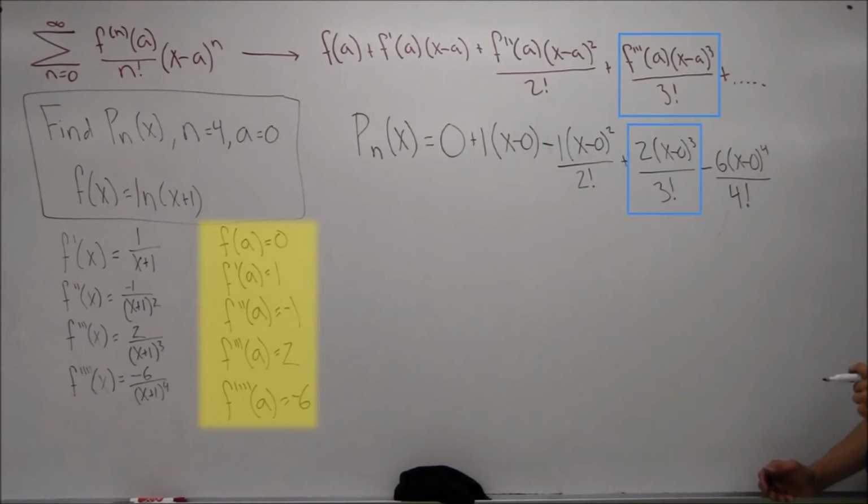F triple prime of a is 2 times x minus a to the third over 3 factorial. And because our fourth derivative at a is negative 6, it will be minus 6 times x minus a to the fourth over 4 factorial.